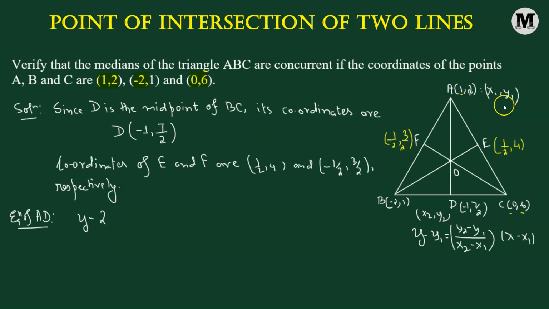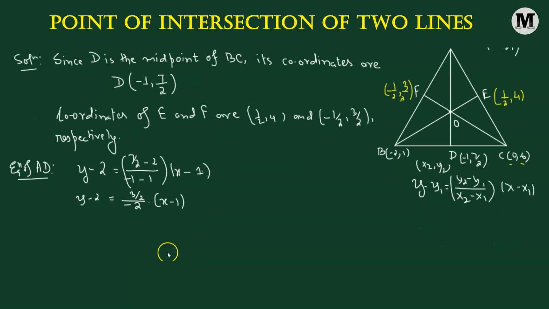y1 is the y coordinate of point A, that's 2, equals, now we need y2 minus y1. So we'll do 7 over 2 minus 2, divided by negative 1 minus 1. This is going to get multiplied by x minus the x coordinate of point A, that's 1. Okay, let's simplify that. We have y minus 2 equals, 7 over 2 minus 2 is 3 over 2, and in the denominator, negative 1 minus 1 is negative 2, multiplied by x minus 1.